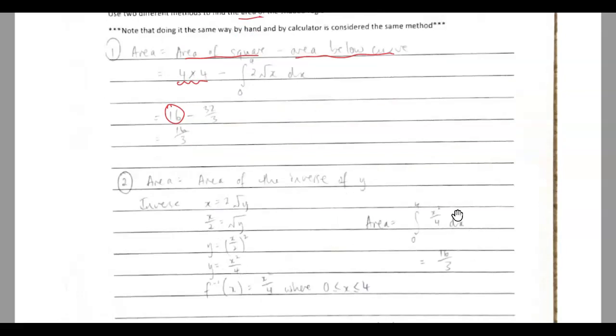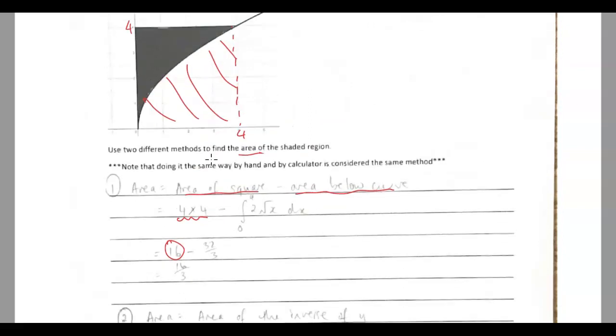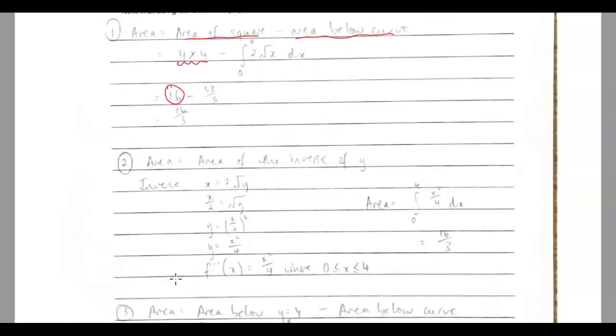The second method, the area of the inverse of y. So this is what I was saying before when we did that other inverse question in the first session, that when you're looking at the area between the y-axis and the curve, you can also just do the inverse. I did see some incorrect notation for your inverse, so please make sure you use the correct notation.